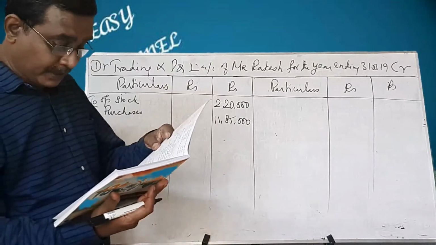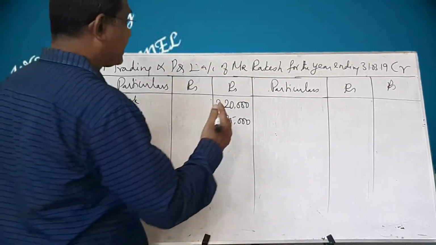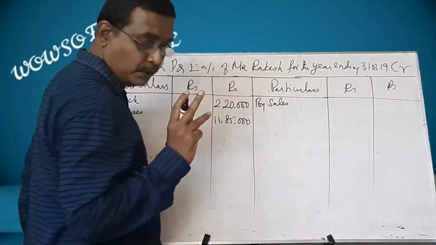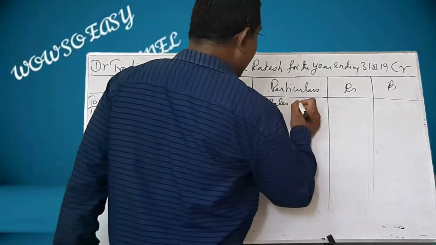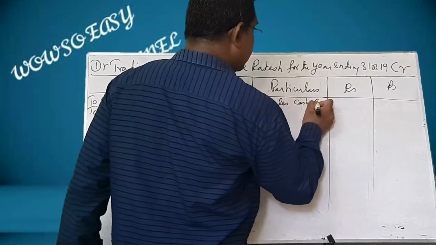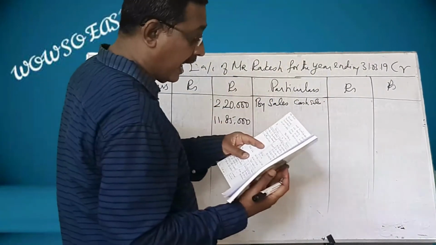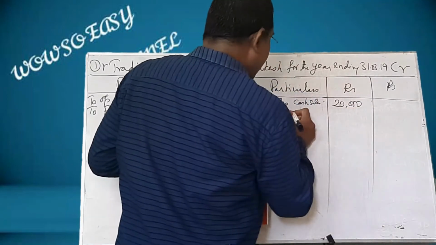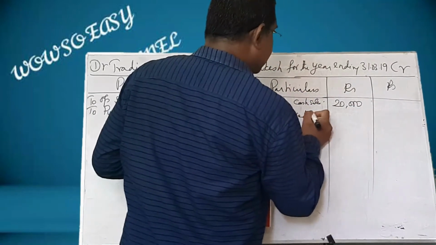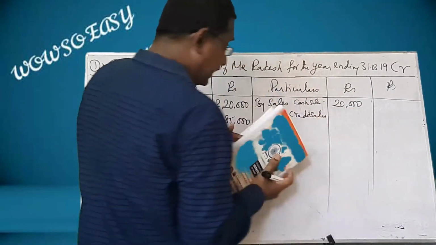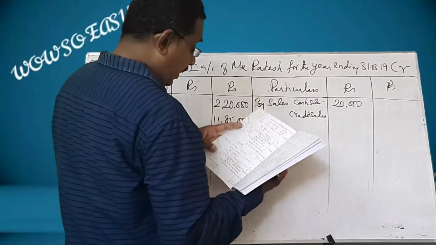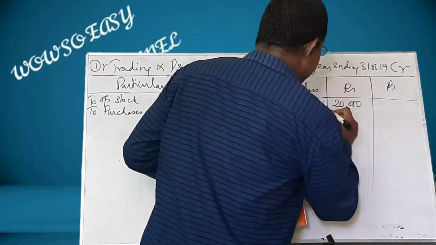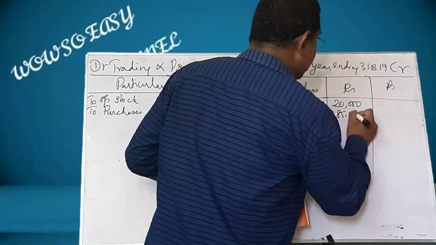And then come to the credit side, by sales. Here two sales are there. One is cash sales, given in the problem as 20,000. We have calculated credit sales, which came to 13 lakh 85,000.